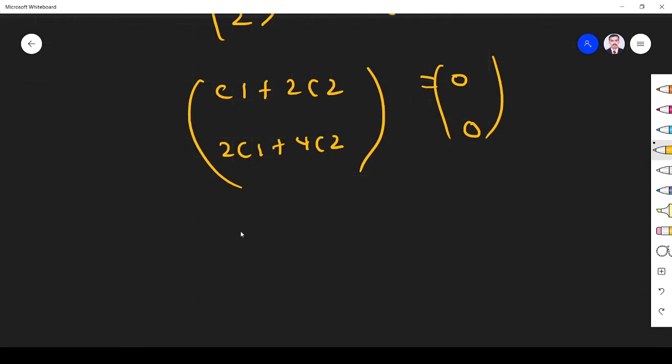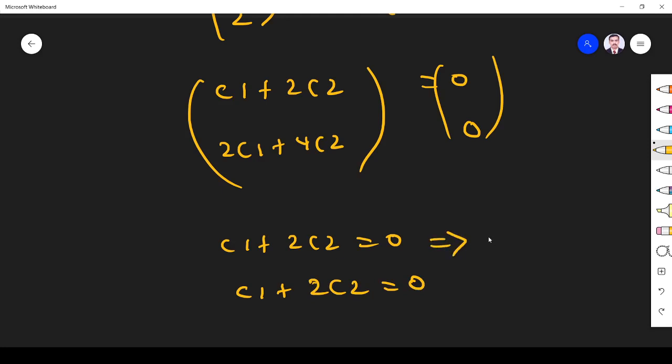What will happen if you simplify? In the second equation, 2 is common, take it outside and divide it. So again c1 plus 2c2 equal to 0. Right? So this indicates c1 is equal to minus 2c2. So they are not equal to 0.